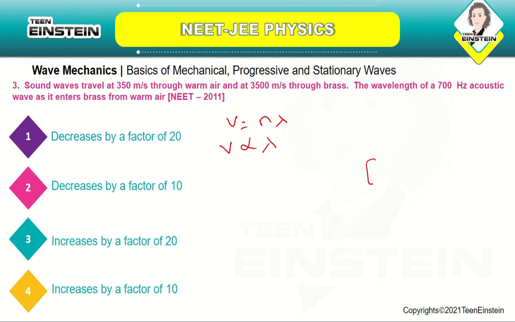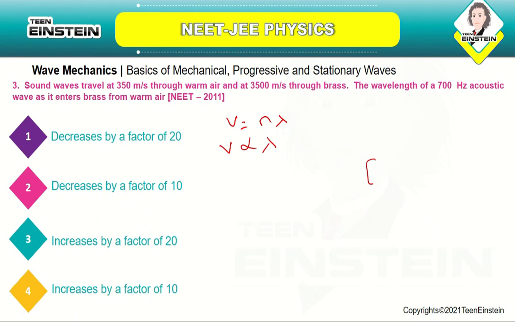As the frequency is same in both the mediums, since V is increasing 10 times, lambda also will be increasing around 10 times.